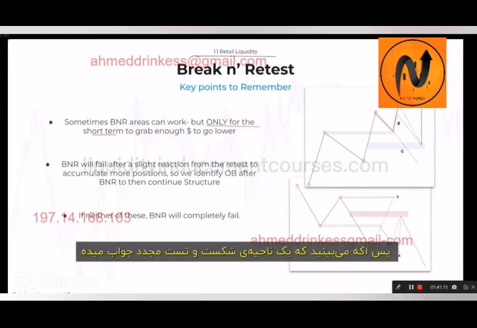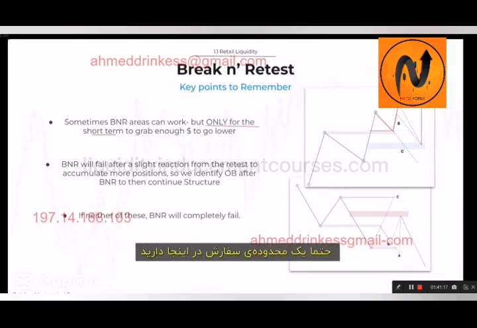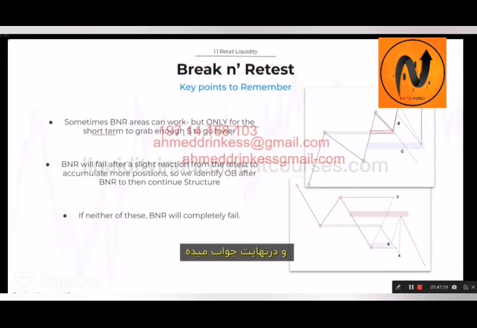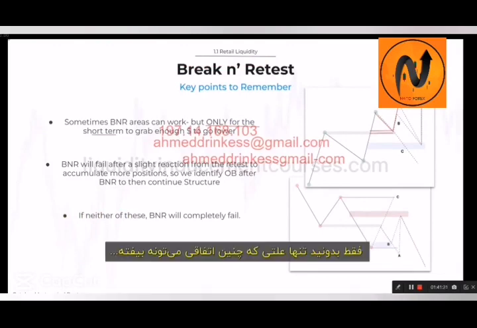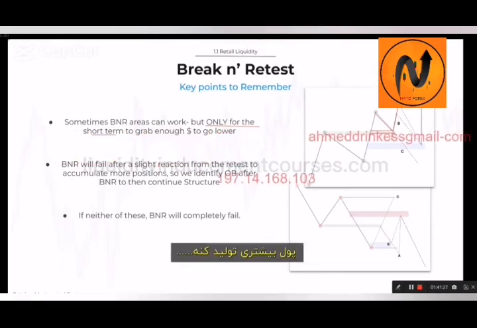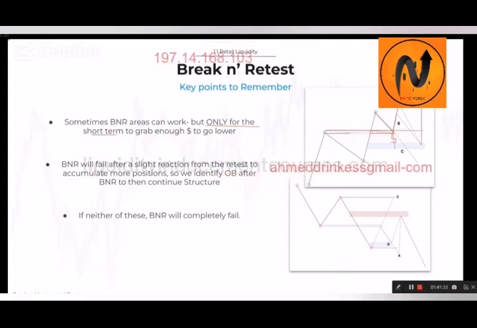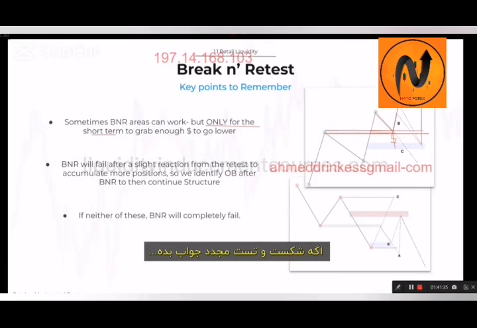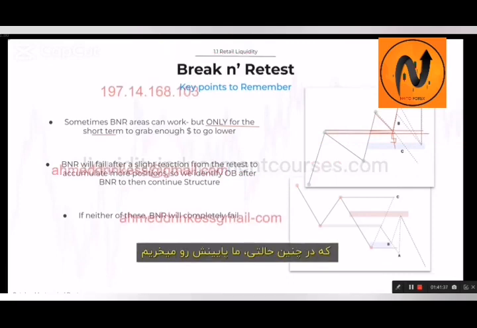So if you do see a break and retest work and you do have an order block here, and it does end up working, just know the reason that could happen is for price to then build more money below, because now it's a key zone, right? Isn't this a key zone now? But break and retest does work. It's building key zone liquidity, which in that case, we look to buy below.